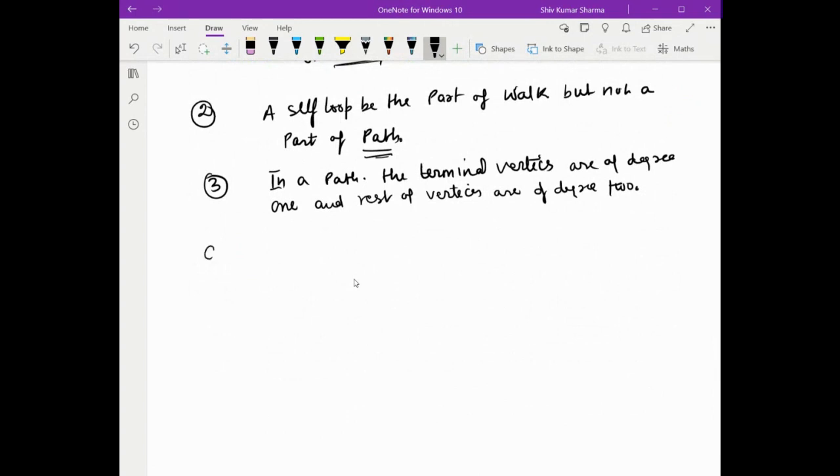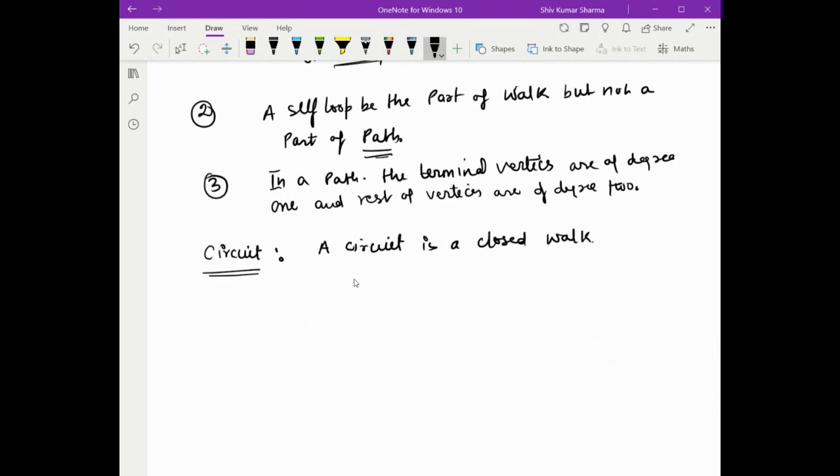Now next, circuit. So a circuit is a closed walk.